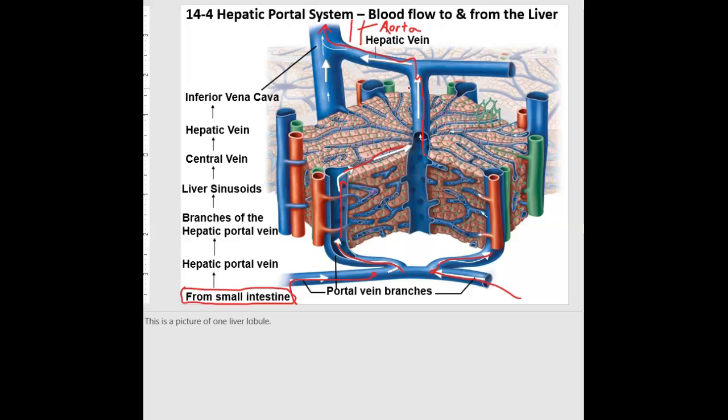And the celiac trunk leads to the hepatic artery. And then the artery branches. So the artery branches into these individual vessels that are also on the outside of the lobule.